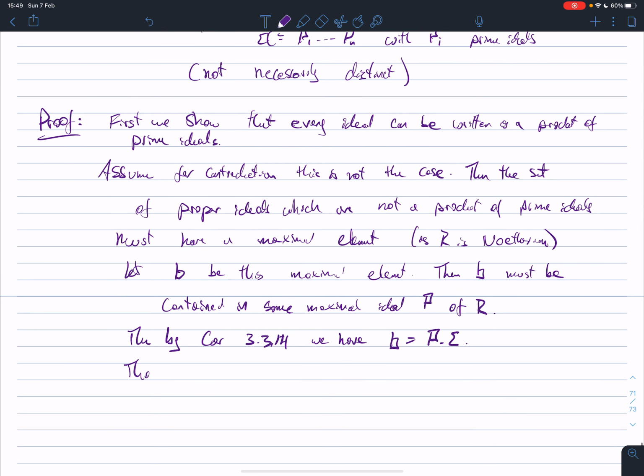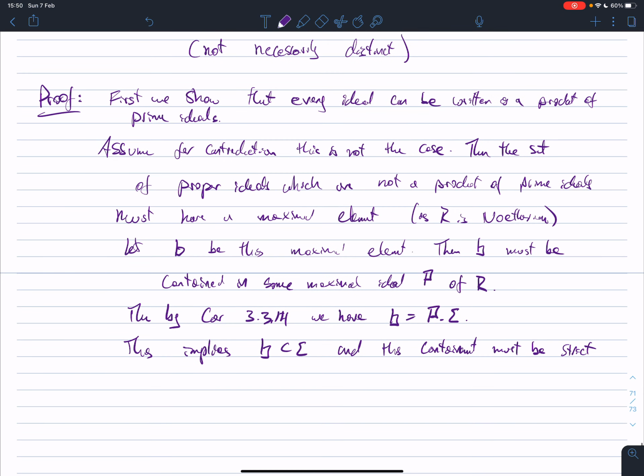So this implies B is contained in this ideal C, and this containment must be strict. So they can't be the whole thing.